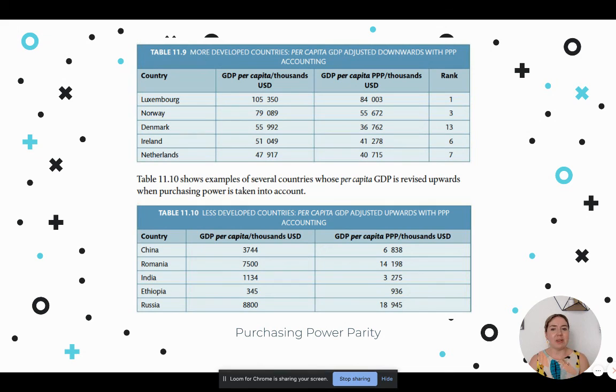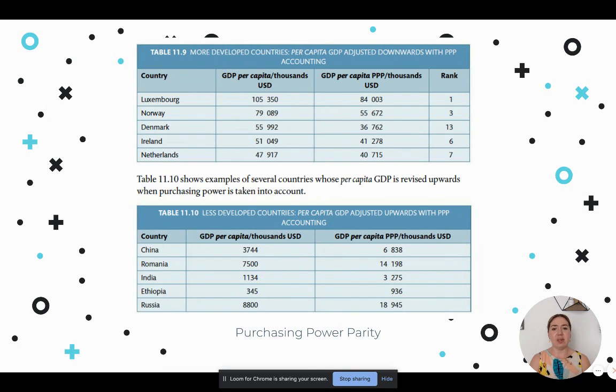Now, it didn't fundamentally change the order of their output, but it does pull them down, and it pulls some of them down a lot more than others, okay? And that's important. If you look at the degree of difference between per capita and per capita PPP, you can see that some of them have really significant drops and others not so much.